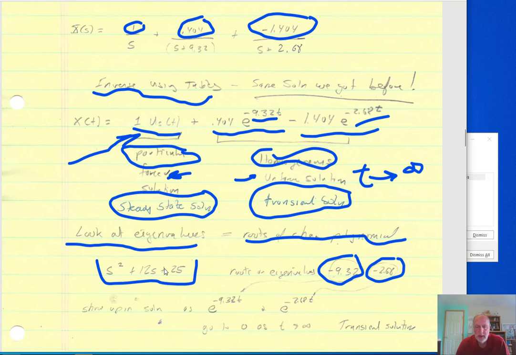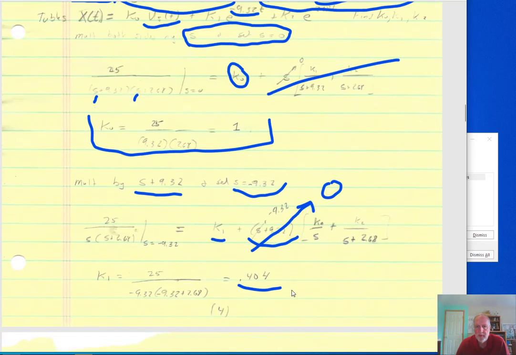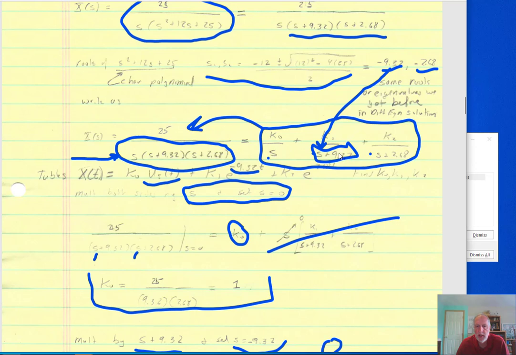Those are the roots of this thing. And look where they show up. They show up here in this solution term and here, because each of those individual factors of the polynomial up here were what led to that part of the solution. We factored it. Here's the roots of the polynomial. They go into these terms here.